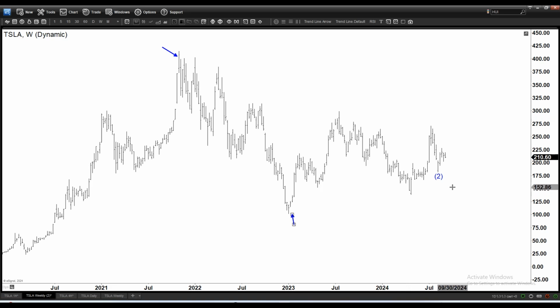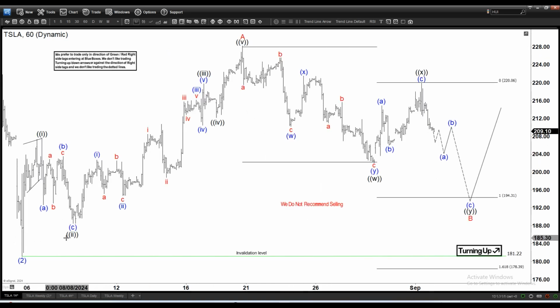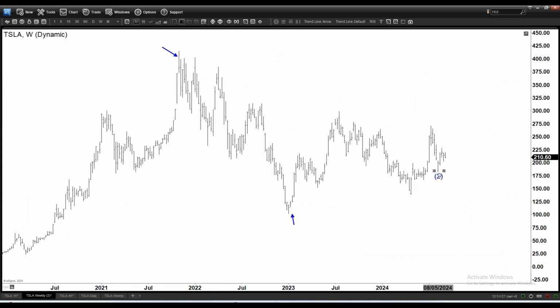Now we can continue to be sideways. So instead of 1, 2, for example, this is the same 2 here, we can continue to chop around and get sideways for months and for years, or we could actually resume higher, depends, right?